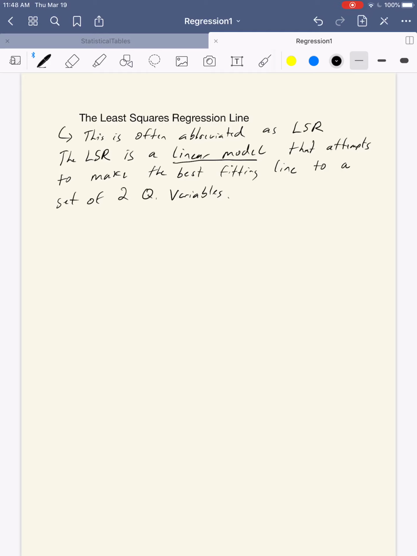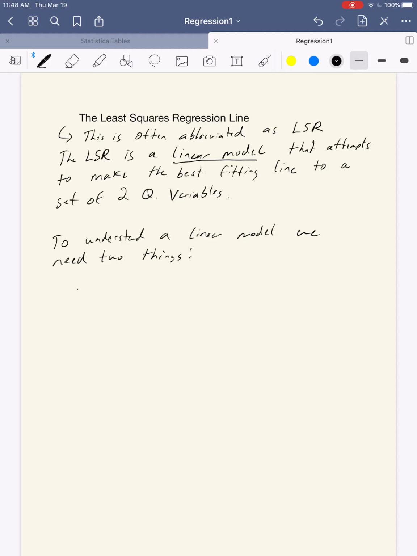So let's remind ourselves real quick, to understand a linear model we need two things. If you think about when you learned about linear models in an algebra class, there are two things that define it.